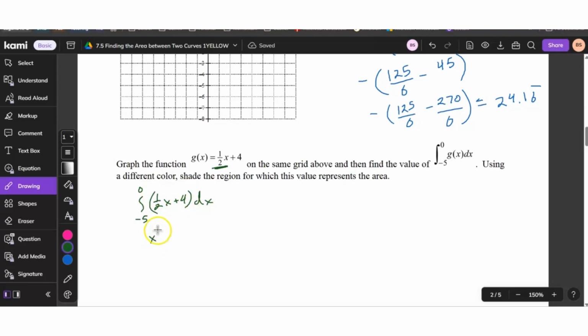So I get x squared over 4 plus 4x evaluated from 0 to -5, which is nice because 0 is just 0, minus -5 squared is 25 over 4 minus 20, or 80 over 4, because 20 would be 80 over 4.